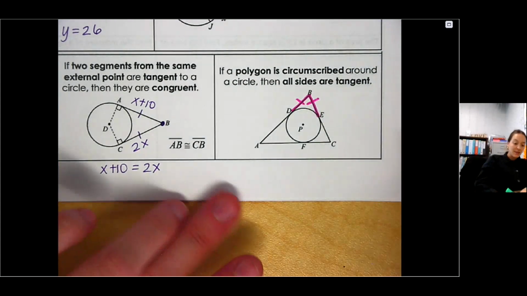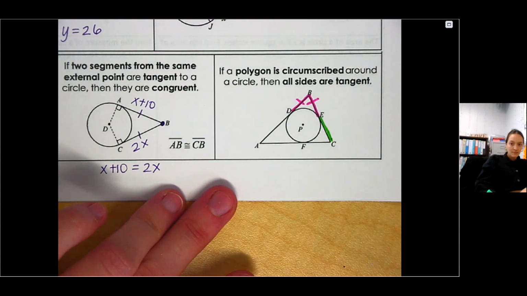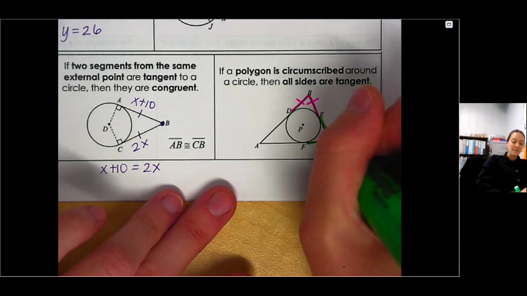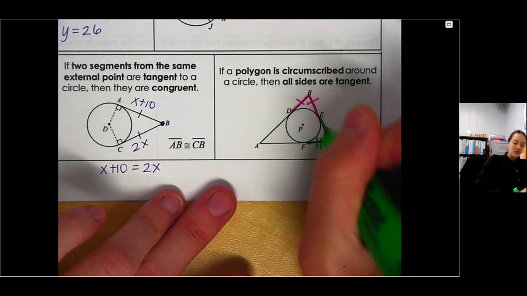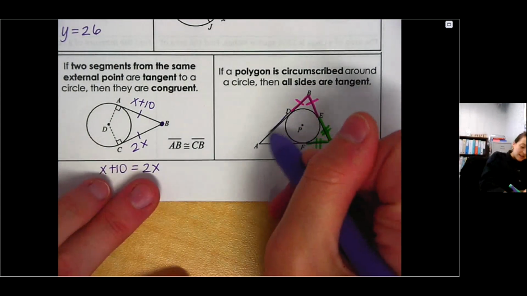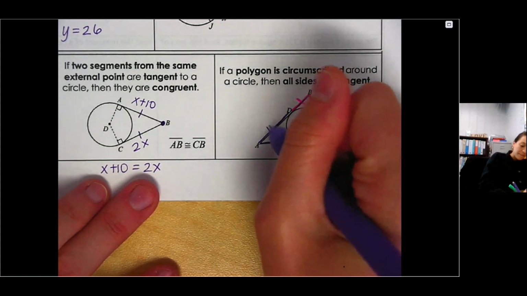Which piece is going to be the same as EC? CF. These two need to meet up at the same point. So these two pieces will be the same. Which one's going to be the same as DA? AF, yeah, good. These ones will be the same.